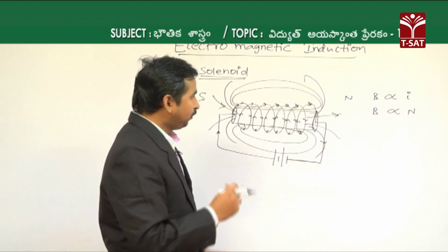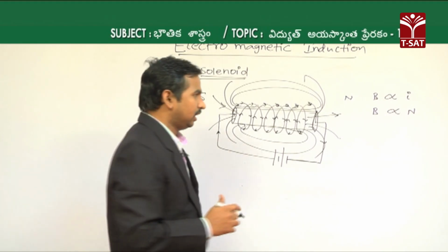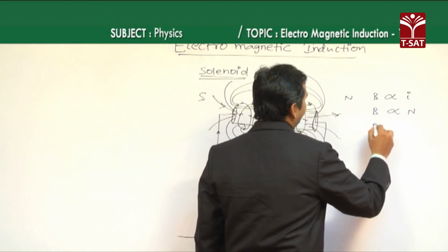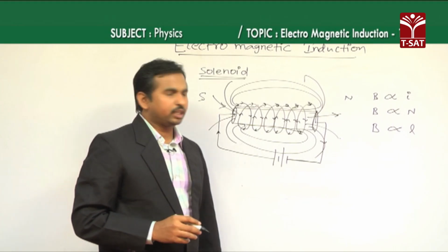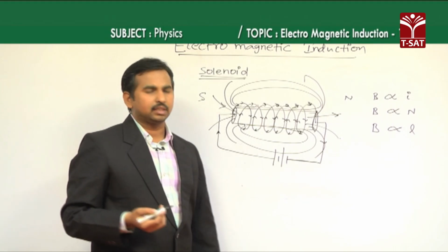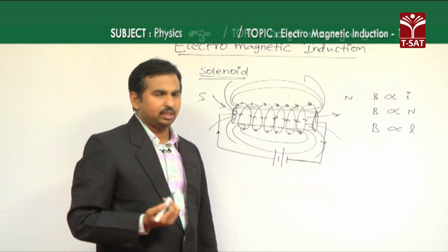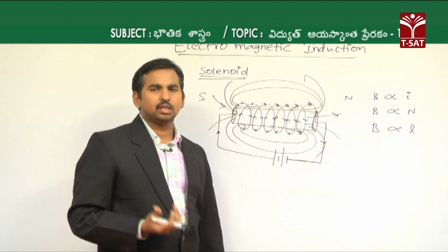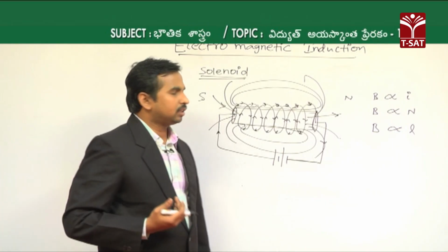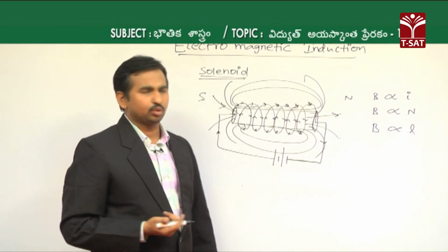And if you increase the length of the solenoid, that also increases the magnetic field. So the magnetic field strength in a solenoid can be increased in three ways: by increasing the strength of the current, by increasing the number of turns, and by increasing the length of the solenoid.